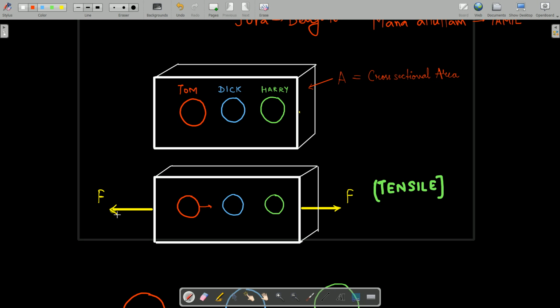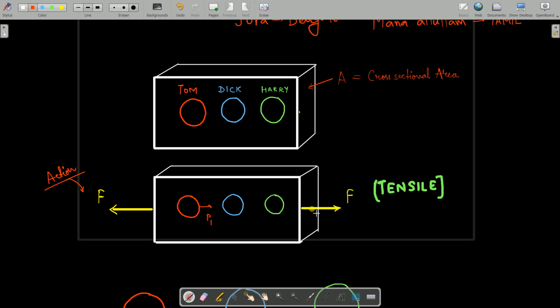Due to this externally applied force, Tom will oppose this motion and try to resist, and that force I am naming P1. As you can see, it is going towards the right. This is the reaction of this action. What is my action? An externally applied force towards the left-hand side.